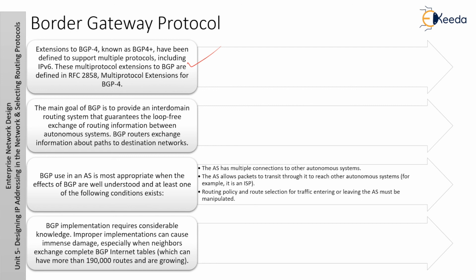Multiprotocol extensions of BGP4. The main goal of BGP is to provide an inter-domain routing system that guarantees the loop-free exchange of routing information between autonomous systems. BGP routers exchange information about paths to destination networks. BGP does not look at the speed to determine the best path.